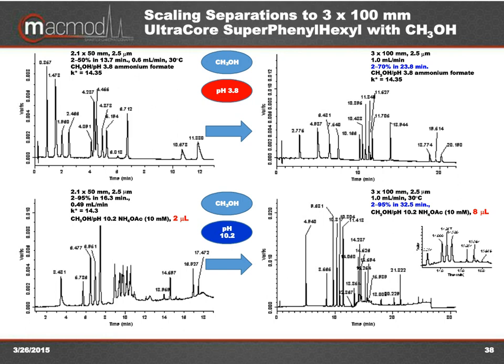Bottom left is the comparable separation for the same sample on a 2.1 by 50. Again, the K-star is 14.3, scaling that up to a 3 by 100 in a 2 to 95% gradient in both cases. The translated gradient shows a nice separation of all these components.